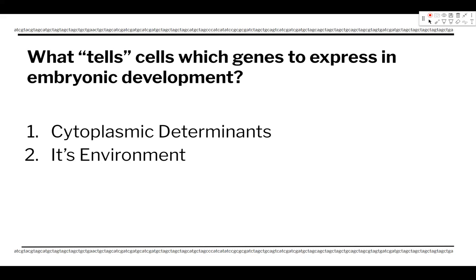To start us off, we're going to talk about cytoplasmic determinants. They're essentially little molecules that are in the cytoplasm of the egg cell when it's fertilized. There can be a lot of jokes to be made about the contribution an egg cell has and a sperm cell has to embryonic development, because the egg cell gives a lot more than just genetic information.